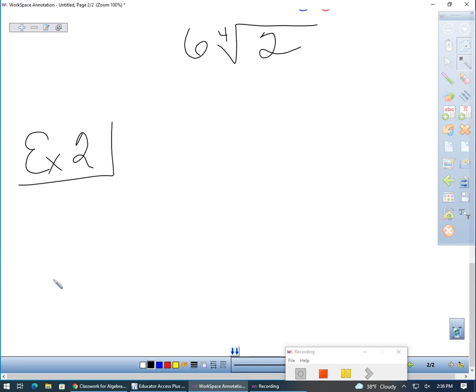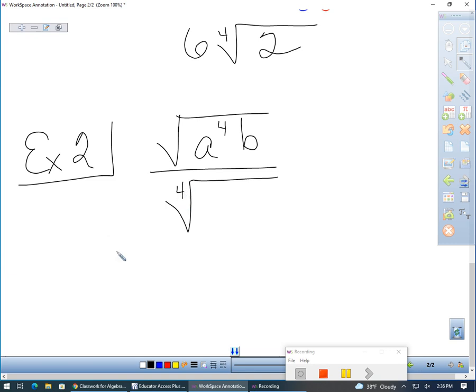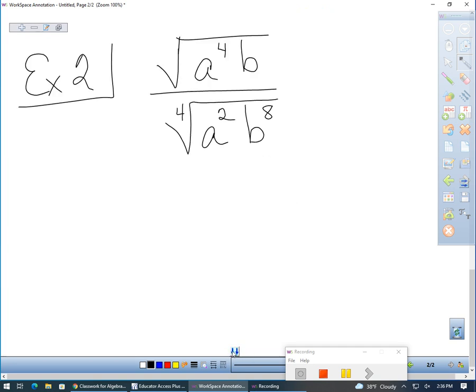All right, let's say I have the square root of a to the 4th b divided by the 4th root of a to the 2nd b to the 8th. All right, so right now we can't reduce that fraction like I told you to do before because they're different dimensions, right? So we have lots of different possibilities of what we could do.